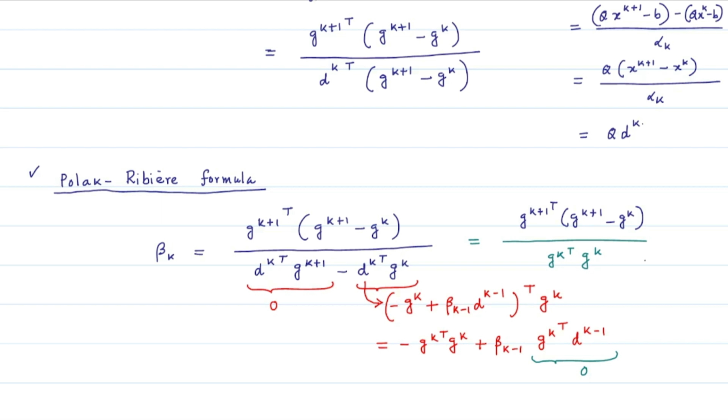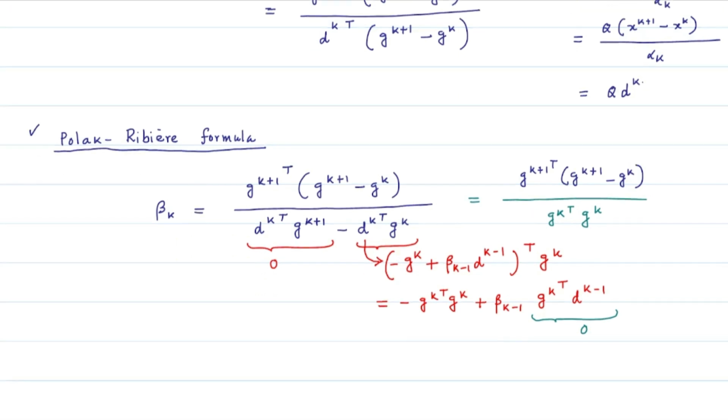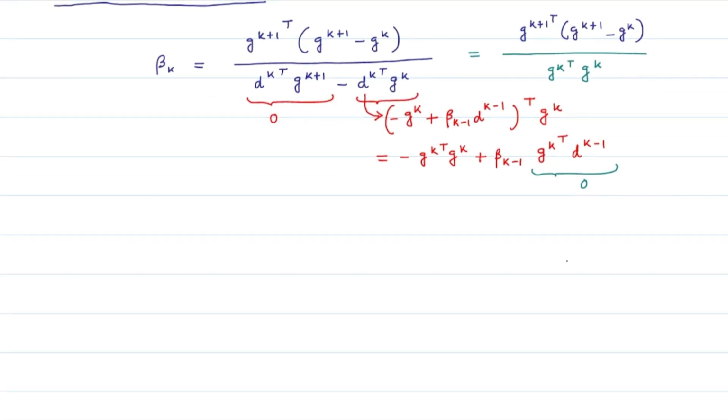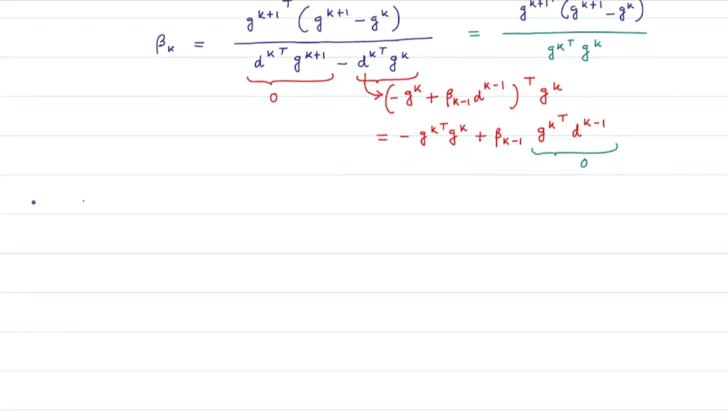Here you notice that once again in this expression you don't have the appearance of Q. Not only that, you also do not have the appearance of the vector d_k. We can simplify this expression further, and a further simplification of the Polak-Ribiere formula gives us the Fletcher-Reeves formula, which is derived in the following manner.